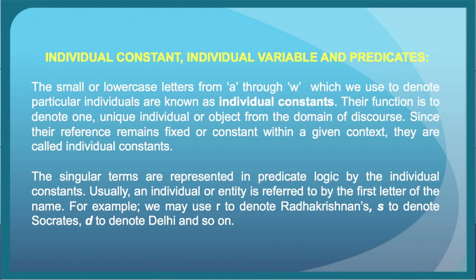Singular terms are represented in predicate logic by individual constants. Usually, an individual or entity is referred to by the first letter of its name. For example, we may use R to denote Radhakrishnan or Rashmi, S to denote Socrates or Sita or Shyam, and D to denote Delhi or Divya or Dibrugarh, and so on.